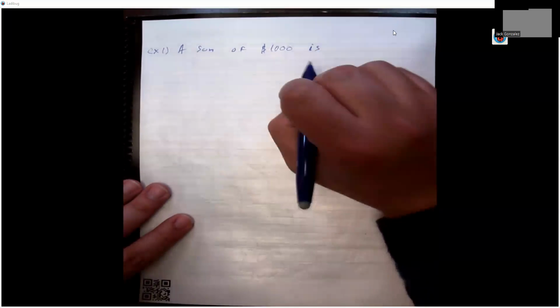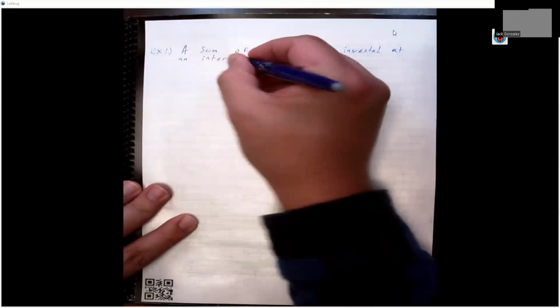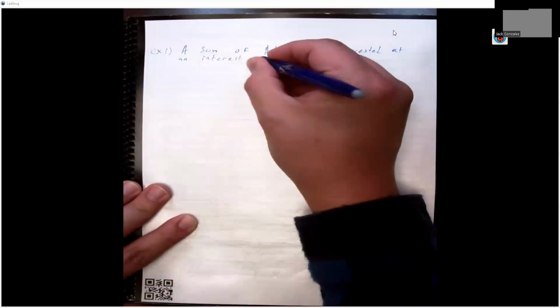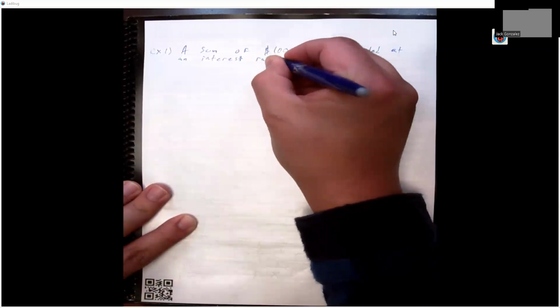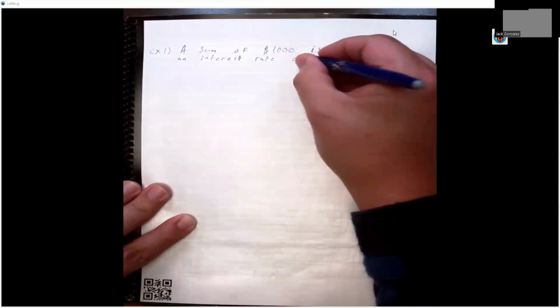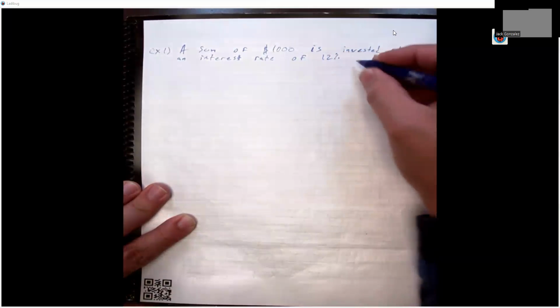A sum of $1,000 is invested at an interest rate of 12% per year.